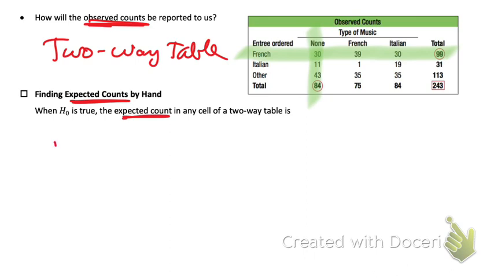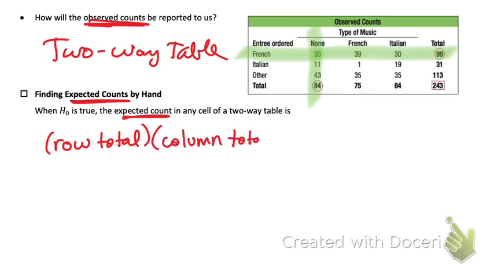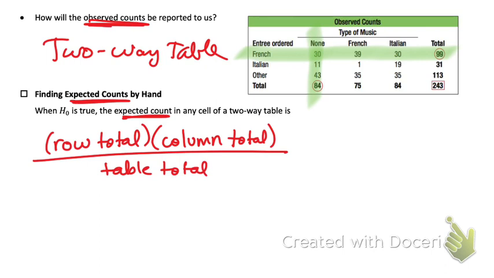You can take the row total times the column total and divide by the table total. The row total times the column total divided by the table total. That's how you can get the expected count.